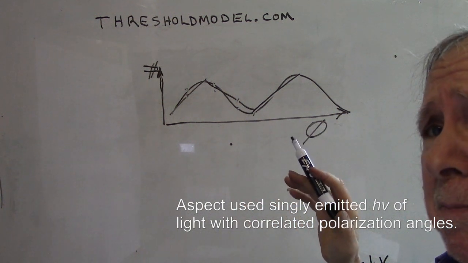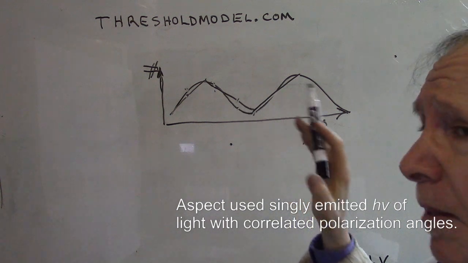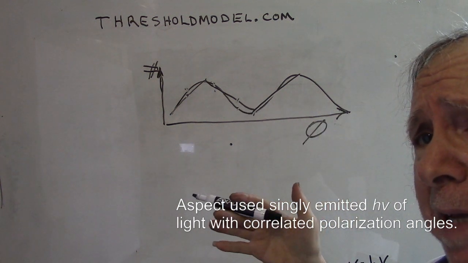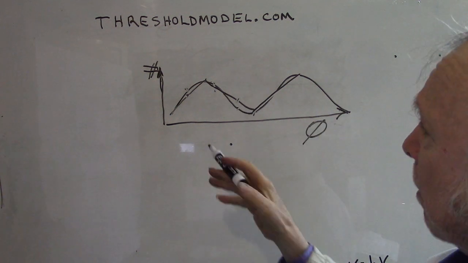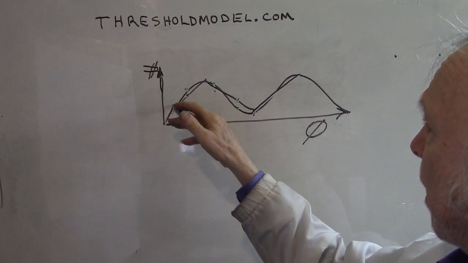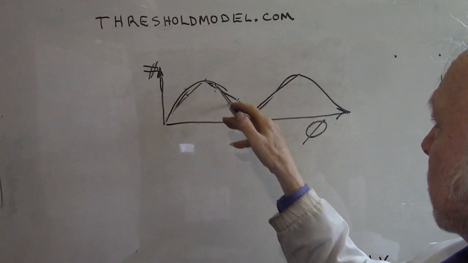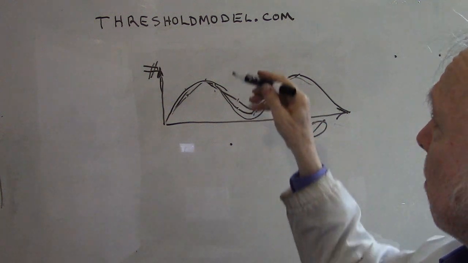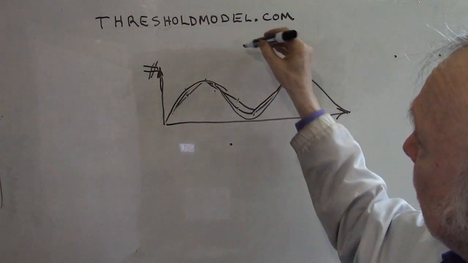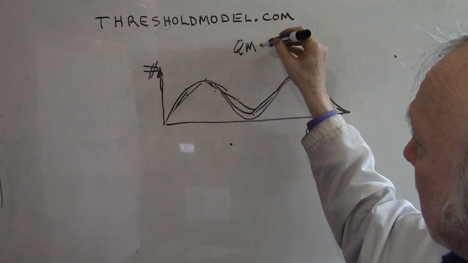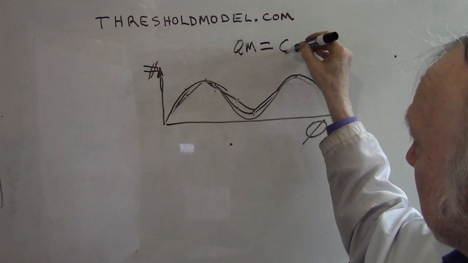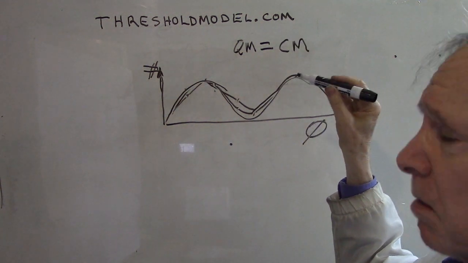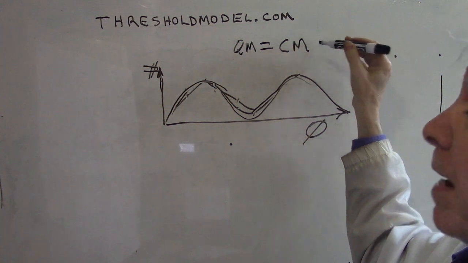My point is that in this case, quantum mechanics actually has it right, where they have this curve. Now, what's important is that quantum mechanics equals classical mechanics in this case, as it should.